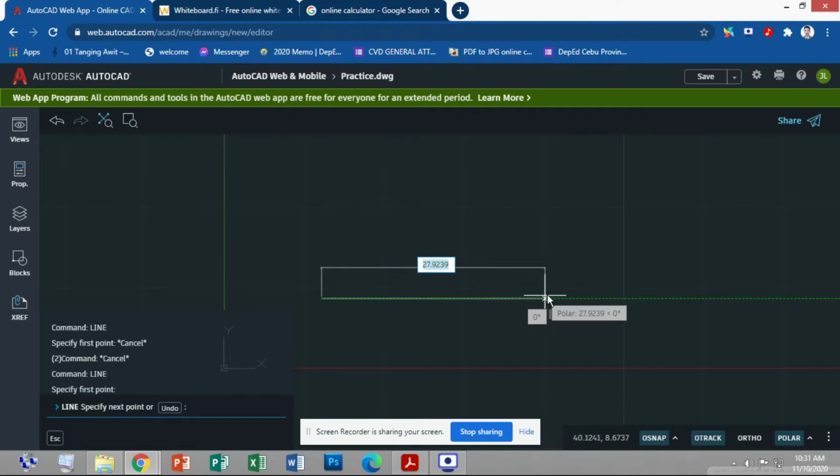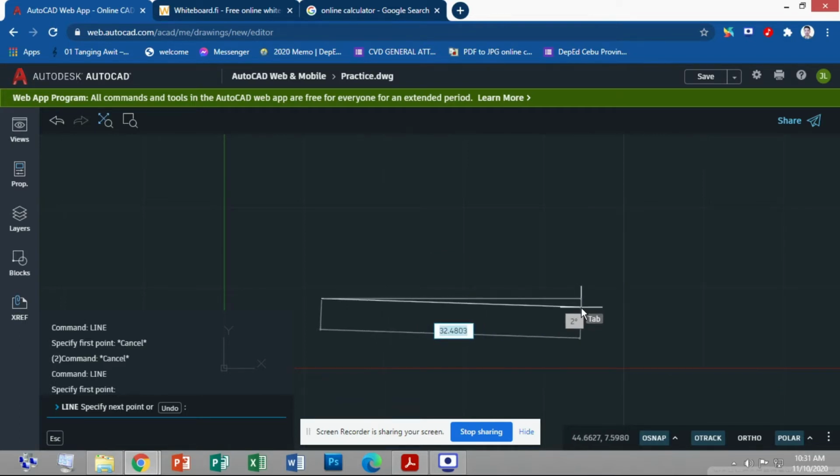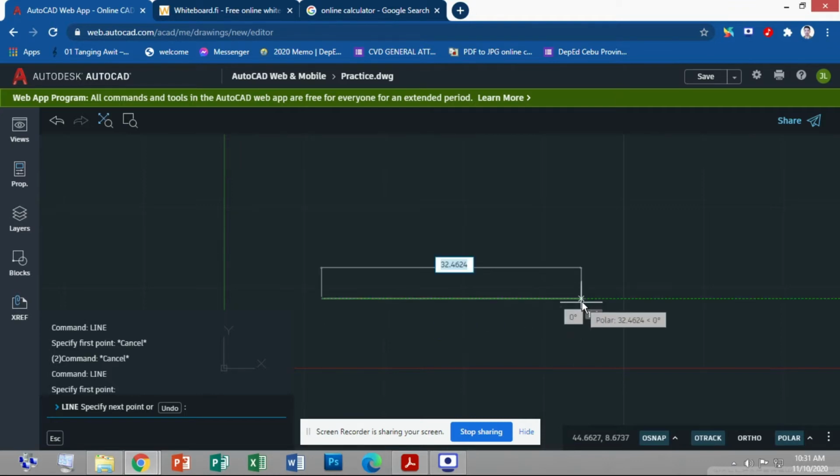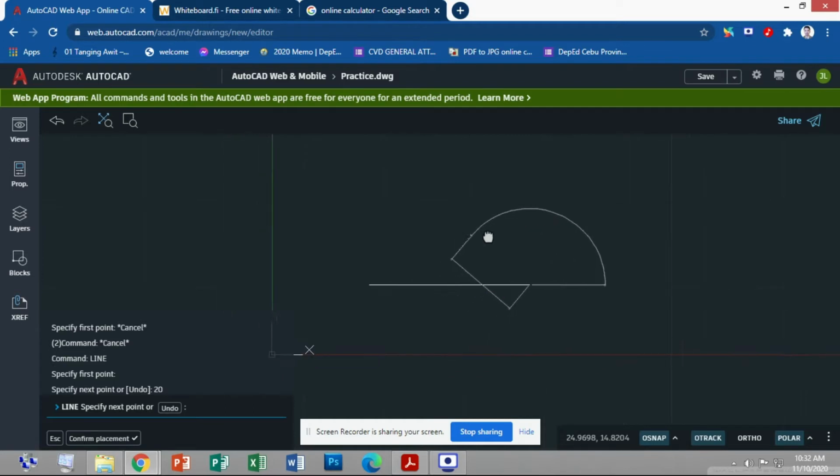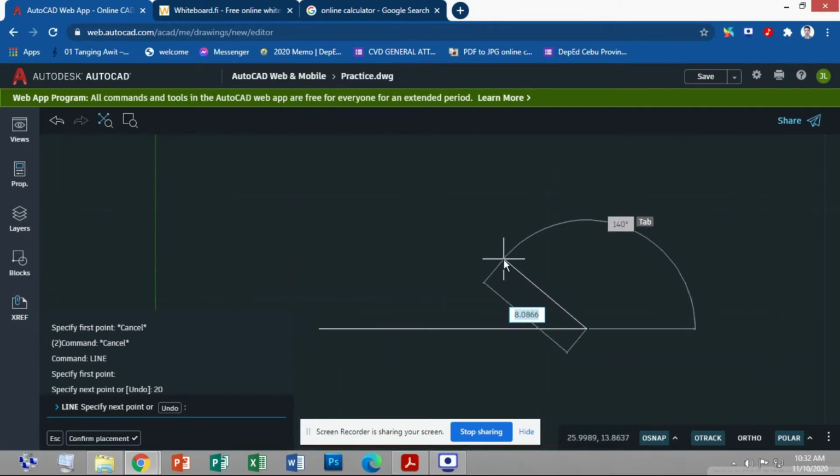So, pag nagpakita yung green na line, it means that perfectly horizontal yung ginawa mong line or gagawin mong line. So, the measurement for our horizontal line is 20 units. So, I will type 20 and enter. Okay. So, that is the horizontal line na may measurement na 20 units.